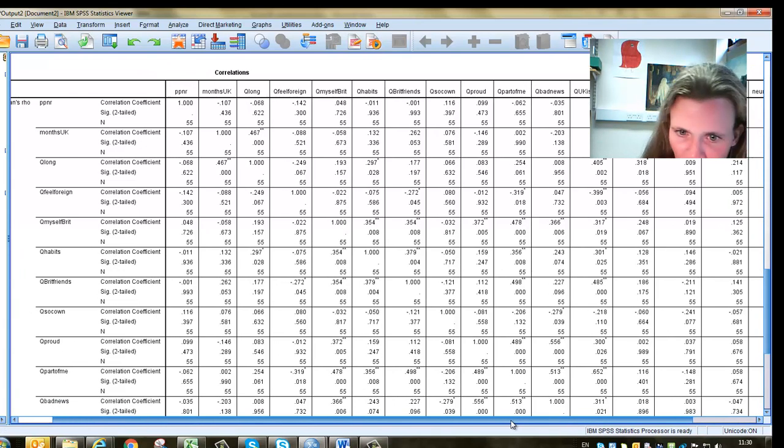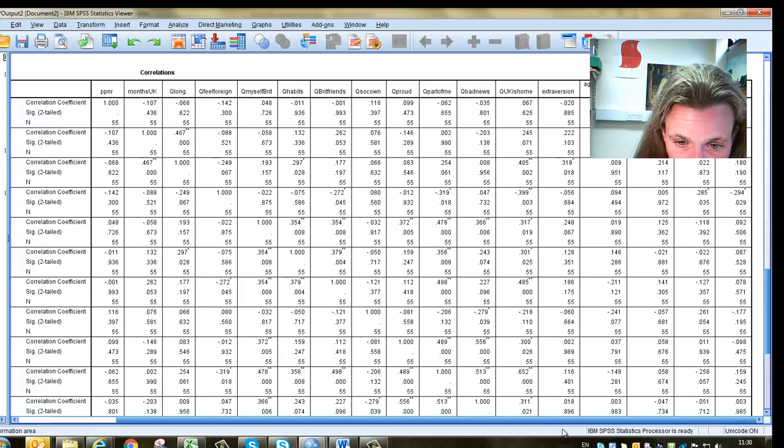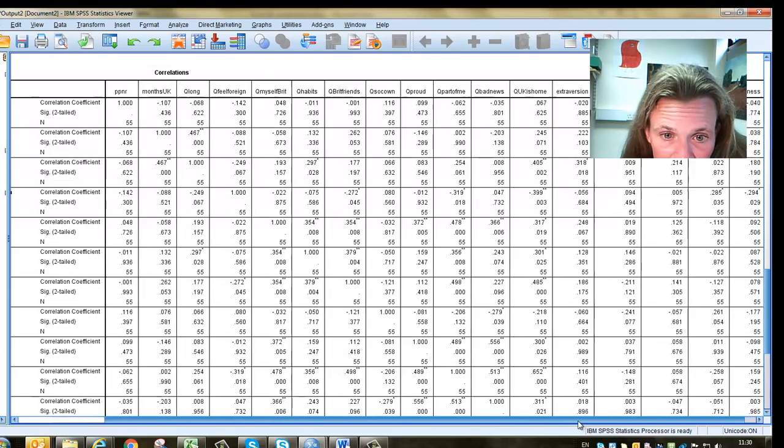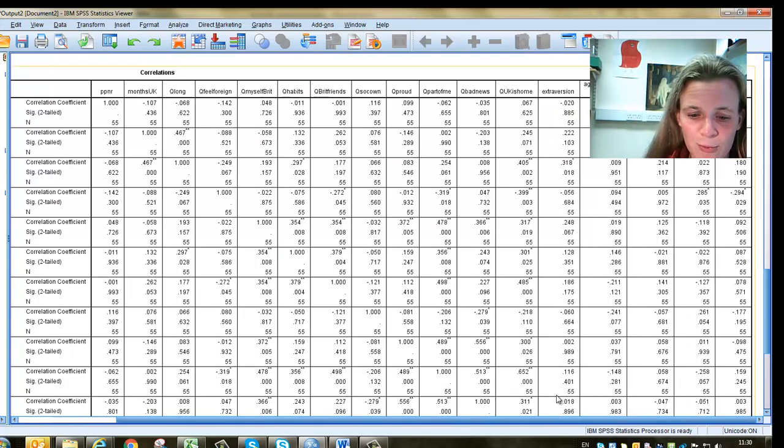It's a pity that it's such a long table because you can't get them all in the same view, but one thing I thought was quite interesting, because I looked at this before, is that neuroticism correlates positively with feeling foreign. So people who score higher in neuroticism are more likely to say that they feel like a foreigner in the UK. So we have to think about why that is.